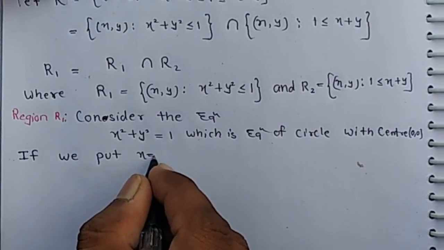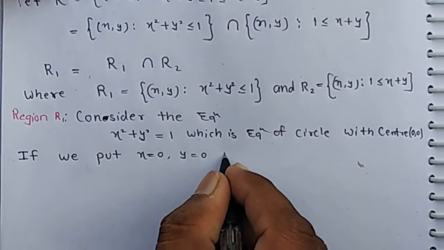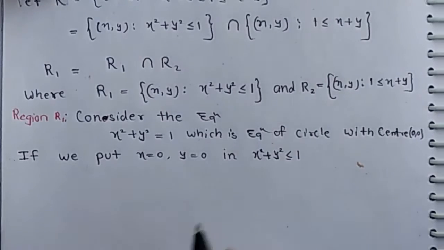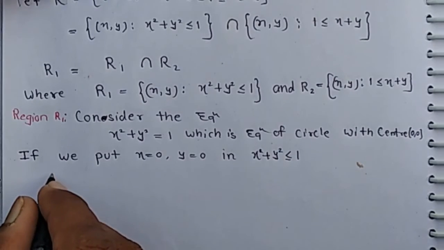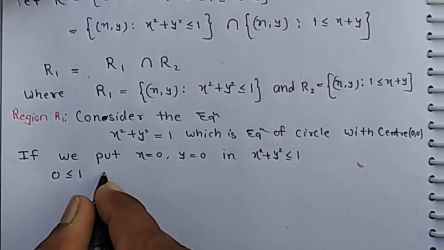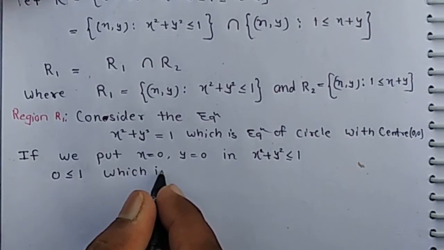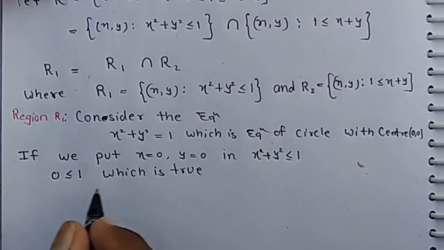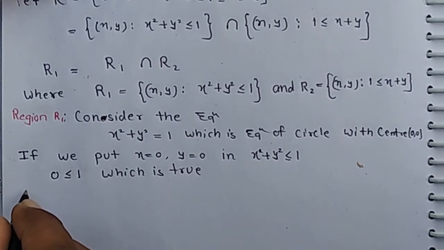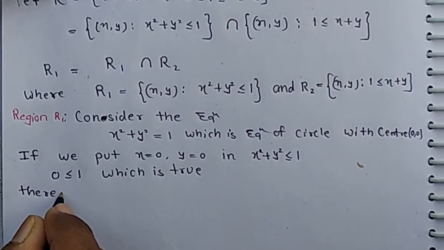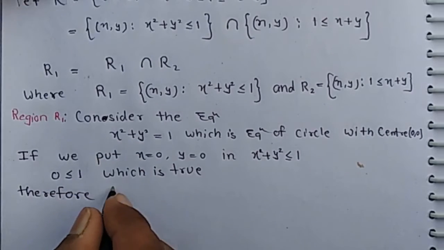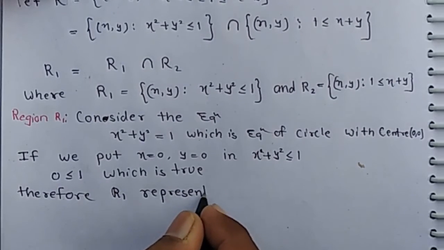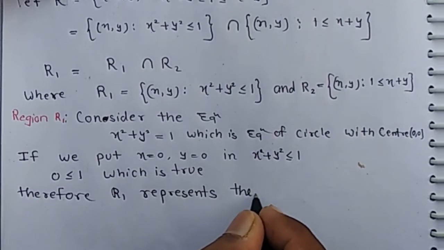If we put x equals 0, y equals 0 in x² + y² is less than or equal to 1, we have 0 is less than or equal to 1, which is true. That is, R1 represents the interior part of the circle.